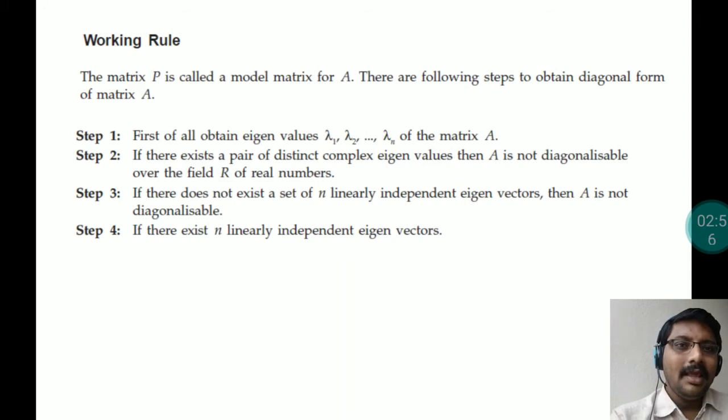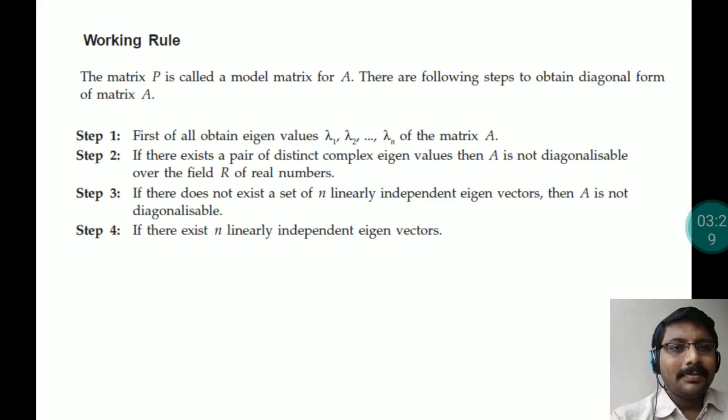In step 2, if there exists a pair of distinct complex eigenvalues, then A is not diagonalizable over the field of real numbers. Whenever complex eigenvalues occur, A is not diagonalizable.